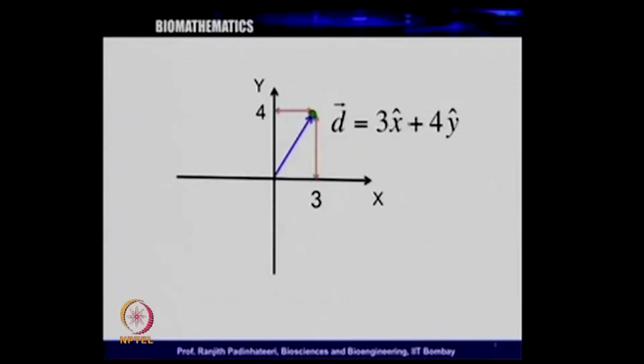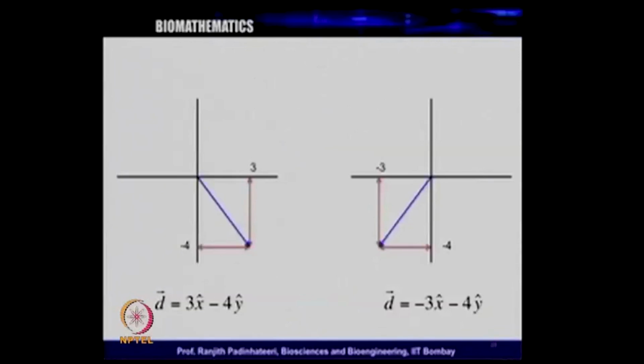These two numbers, 3 and 4, are the crucial points. They represent this particular green point.